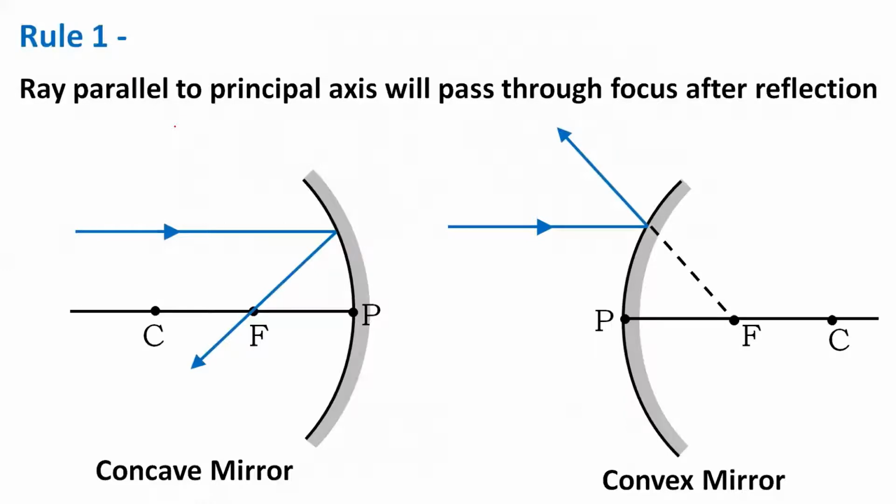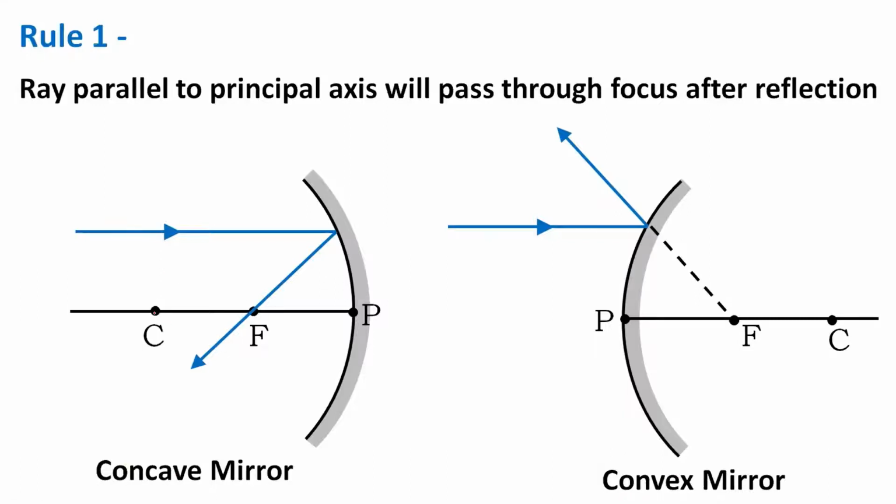So before we go deep into this, I want you to know a few definitions. You all know the center, right? Here I have drawn these two diagrams in the opposite order. In the previous slide we did convex first, here I have written concave first and convex second.